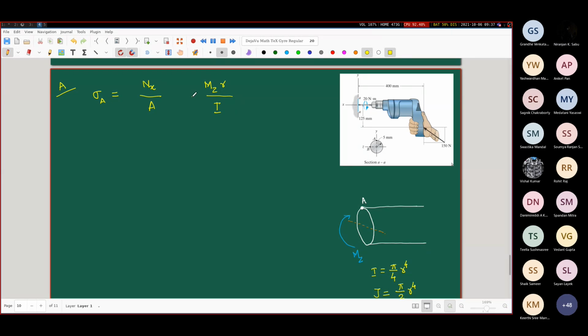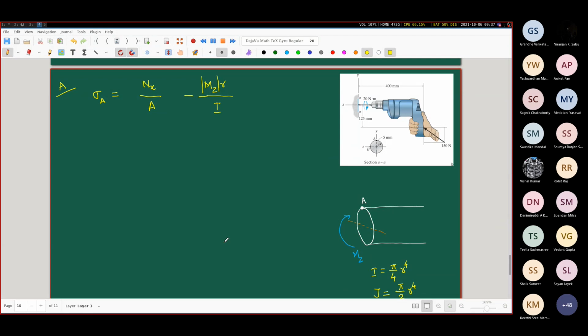So if it is compression, we will put here a negative sign, and we will put this as with an absolute value. It is not necessary because MZ itself is positive 21 Newton meter, but it is good practice to do this just so that you tell yourself that you are not taking the plus or minus sign from the formula itself. Rather, you are utilizing the negative sign or positive sign from a physical consideration. So very explicit, open source kind of doing the problem.